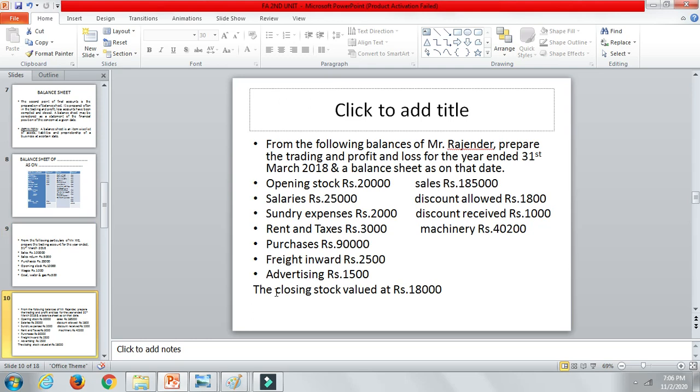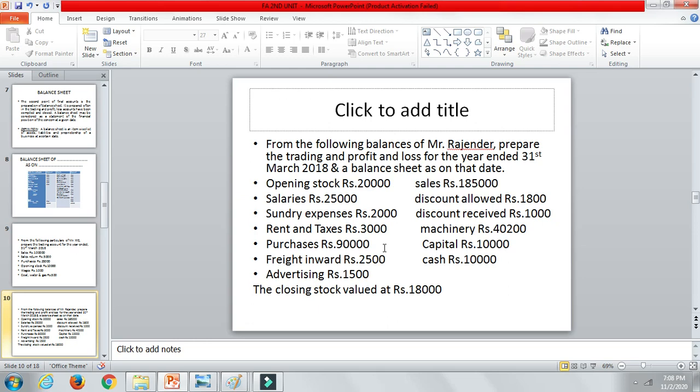The next problem: from the following balances of Mr. Rajendra, prepare the trading and profit and loss account for the year ended 31st March 2018 and a balance sheet as on that date. Over here, opening stock has been given as 20,000.